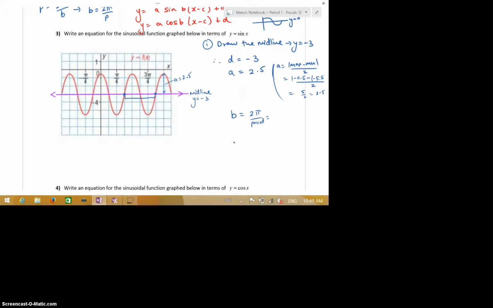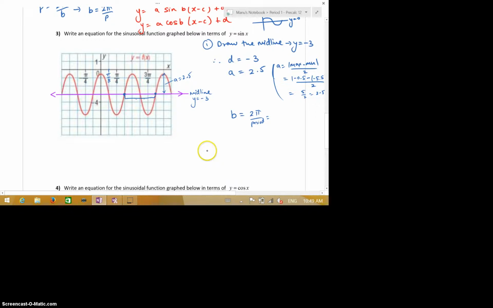So let's see what the period ends up being here. How much is each box worth? If 2 boxes are pi over 4, each box is going to be worth pi over 8. It's half of pi over 4, so pi over 8. And the period is 4 boxes of pi over 8. So 1, 2, 3, 4.